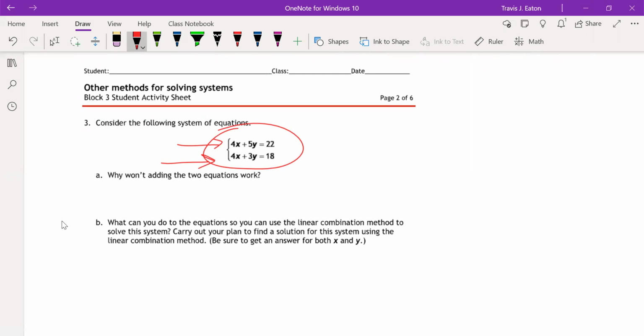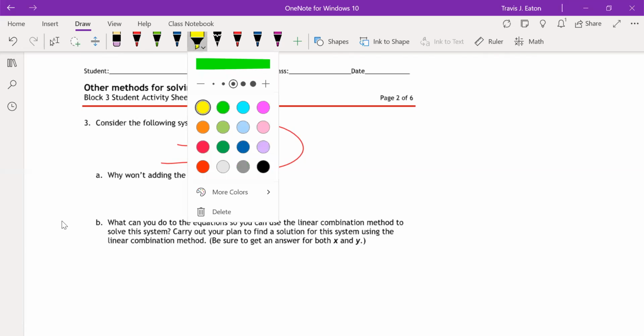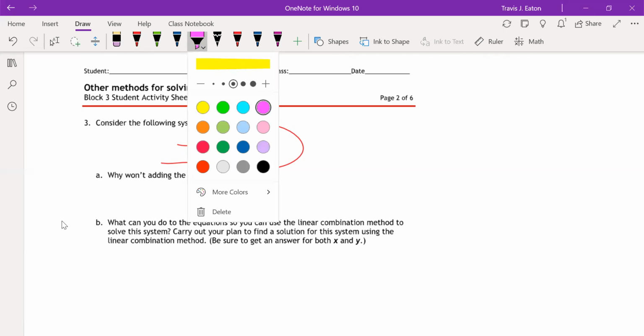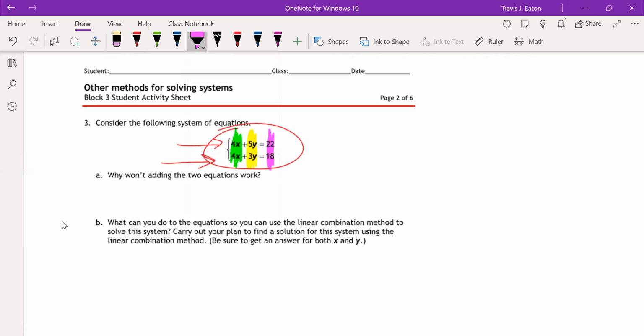Another easy thing to notice is that our x's are lined up nicely here. Our y variables and their coefficients are lined up nicely. And furthermore, so are our sums. That's nice because if we're going to combine them, we can just add like this. Let me show you.